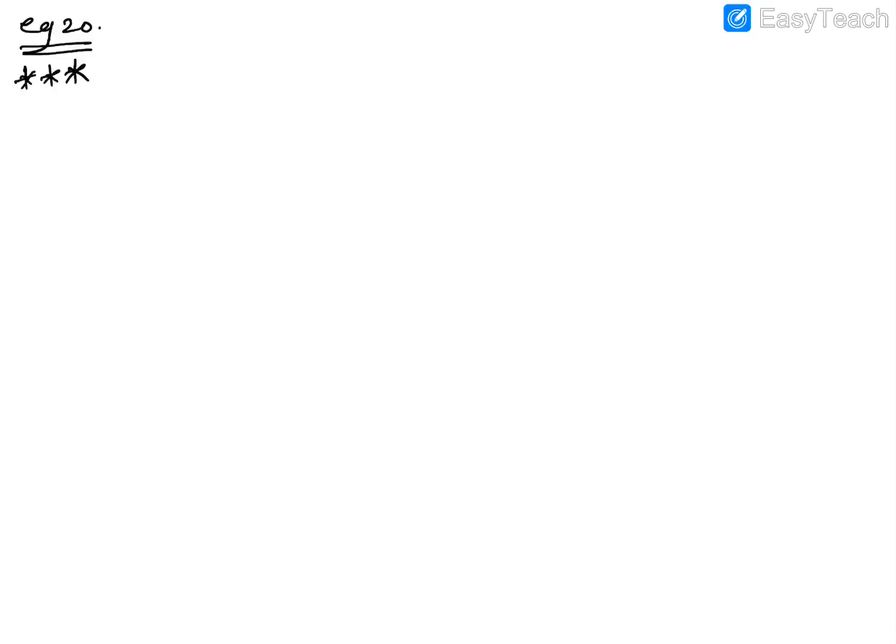Now they say a hollow metal sphere of internal and external radii 2 and 4 centimeter. So internal radius is equal to 2 centimeter and external radius is equal to 4 centimeter, is melted into a solid cone of base radius 4 centimeter.